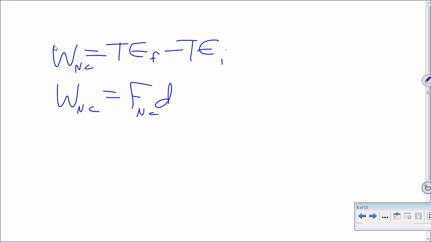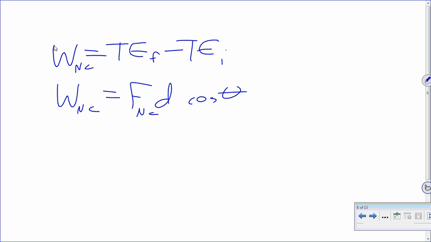Work done by non-conservative forces is your change in total energy. The work done by a non-conservative force is equal to whatever that non-conservative force is times distance, times the cosine of theta. So what's always going to happen is you're going to use one of those two equations to find the work, and then use the other equation to find some unknown thing.